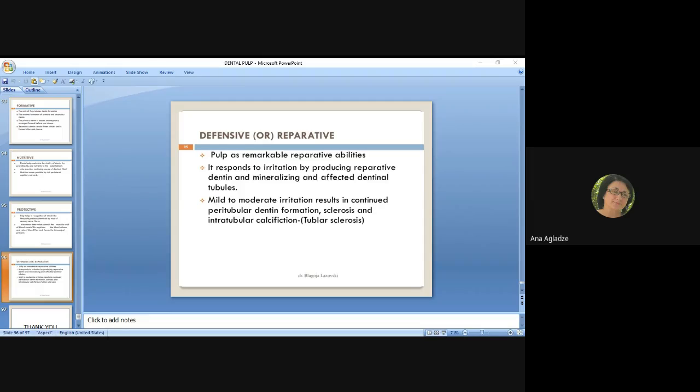From vasculature and innervation, only some questions, and enamel and dentin. You have all the questions, all MCQs, and you try to answer, and don't worry. Any questions? Yes.